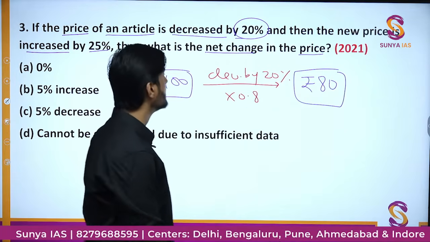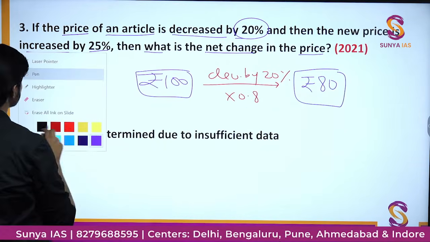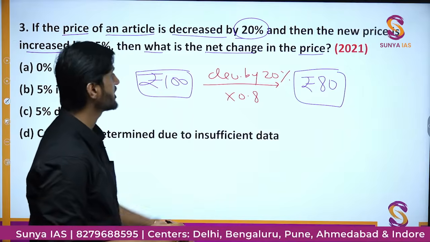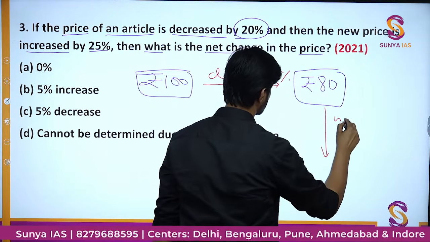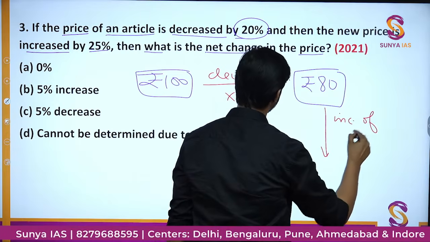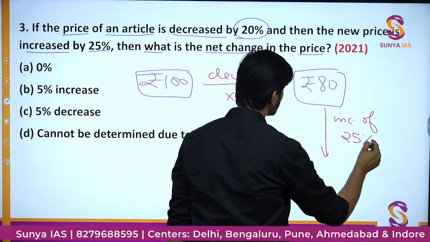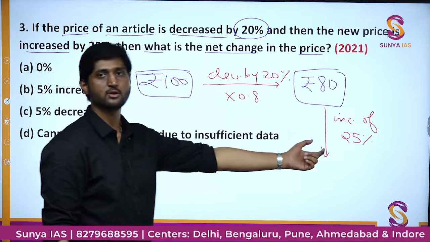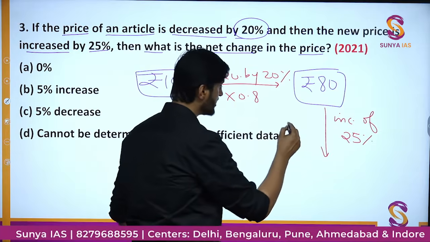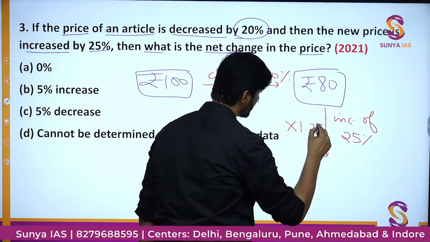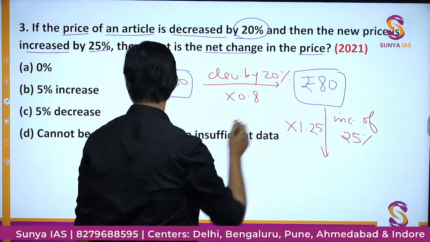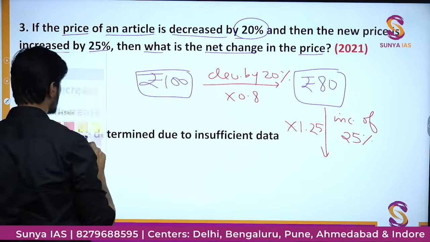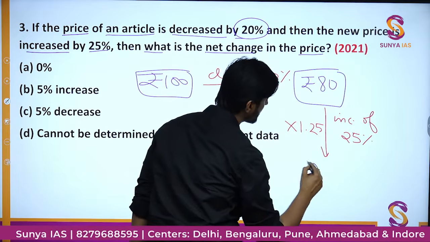Right? Then after this first decrease, there is a further increase in price of 25%. In order to notify this increase of 25%, we'll write multiplication with 1.25. And if you multiply this figure by 1.25, you get 80 into 1.25, which is again rupees 100.